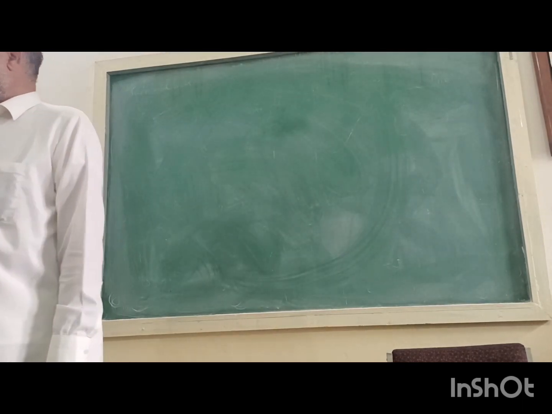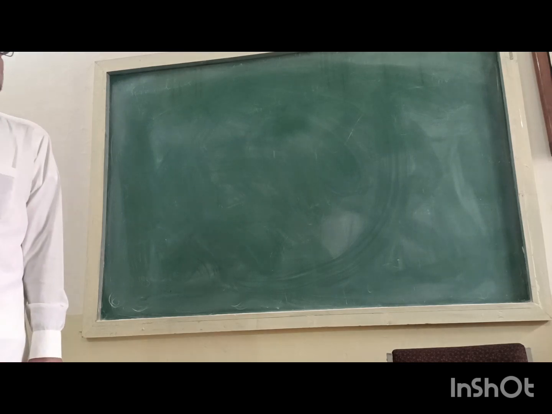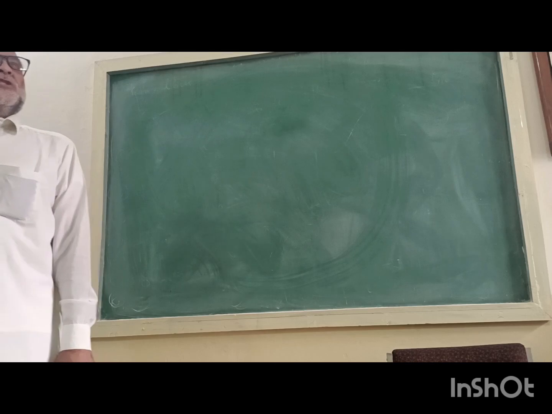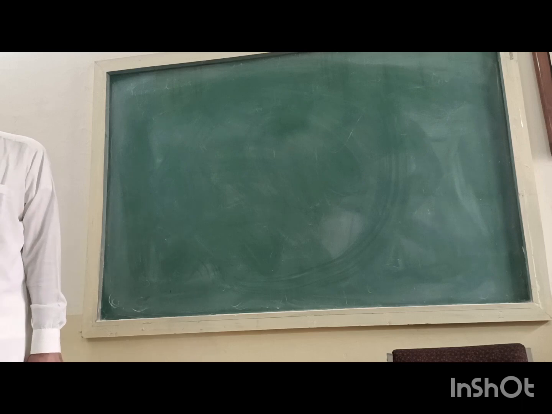If there is no friction, we won't be able to walk on earth. If there is no friction, we won't be able to stop our car, right, to come to a stop. So the study of friction is called tribology.